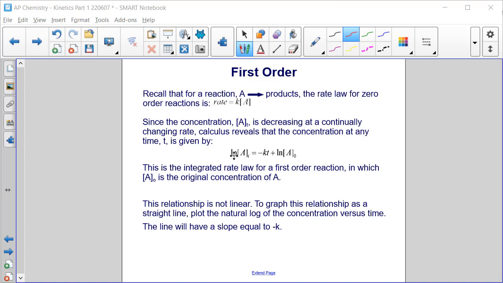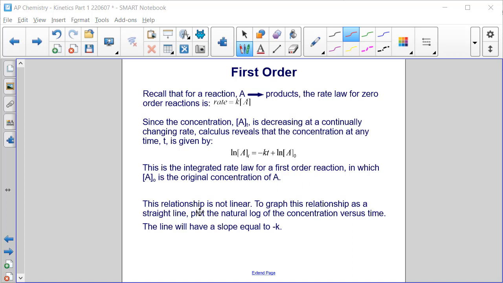The natural log of the concentration of A at time t is equal to minus kt plus the natural log of the concentration of A at time 0. How we get this is not the most important part of the unit, so the calculus required for this, I don't want you to worry about. I just want you to know this equation and know that this is the equation for a first order reaction.